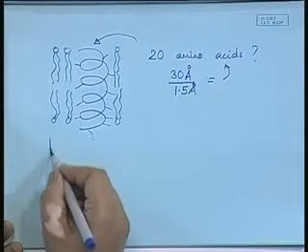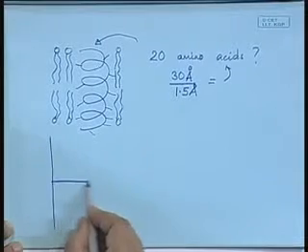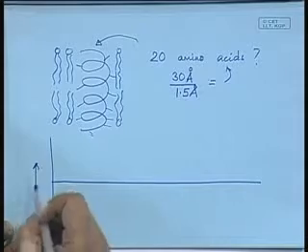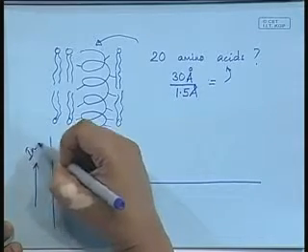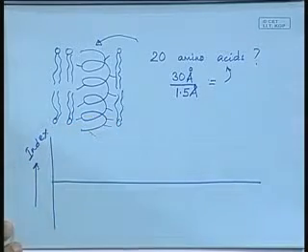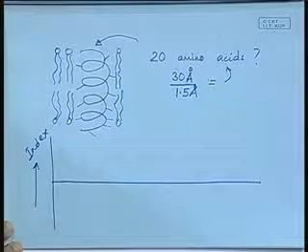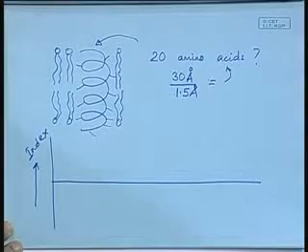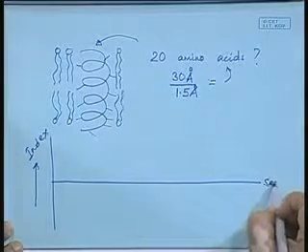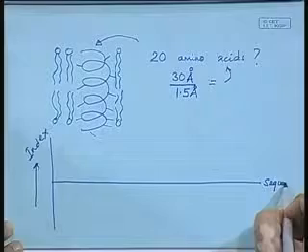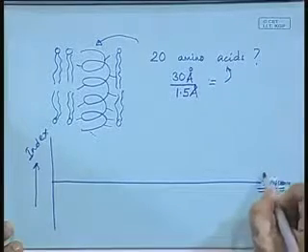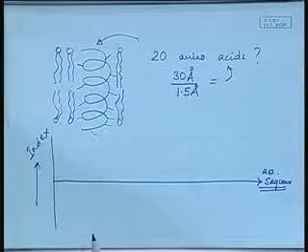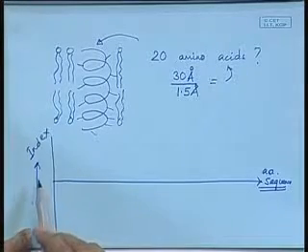Okay. Now, for the hydropathy plot, on the y axis we are going to have an index, and on the x axis is going to be the sequence of the protein. So, we have the amino acid sequence on the x axis and we have the index.